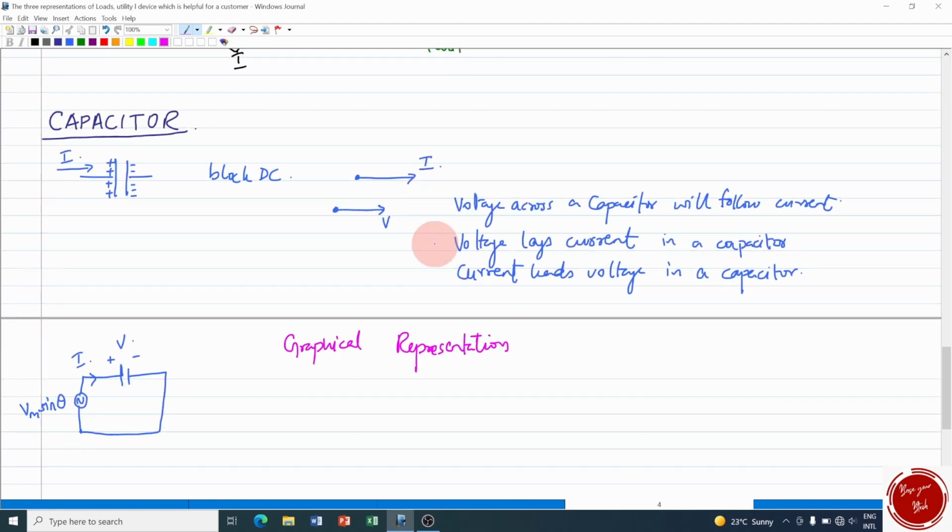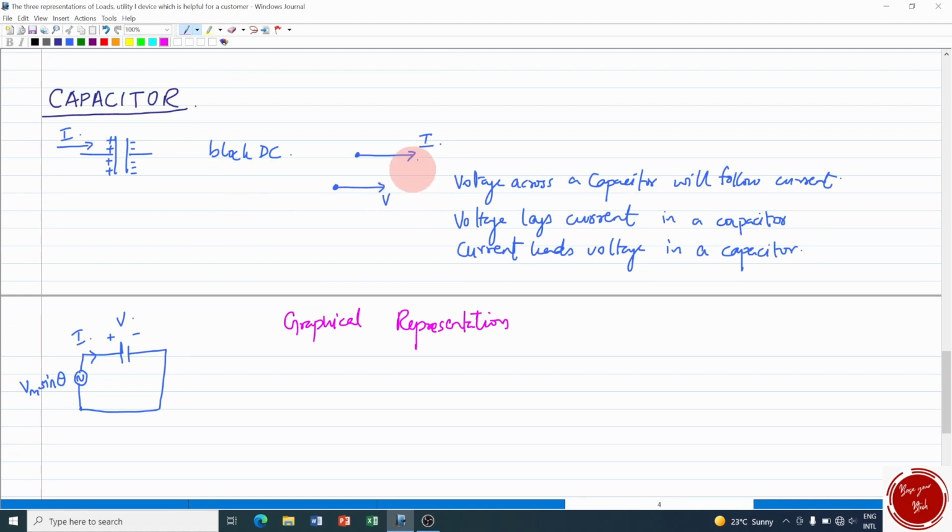Similarly, in the case of a capacitor, there is a time delay between the development of current and voltage. So definitely there will be a phase shift between the voltage and current. And there is a statement that for a purely capacitive circuit, current leads voltage by 90 degrees.